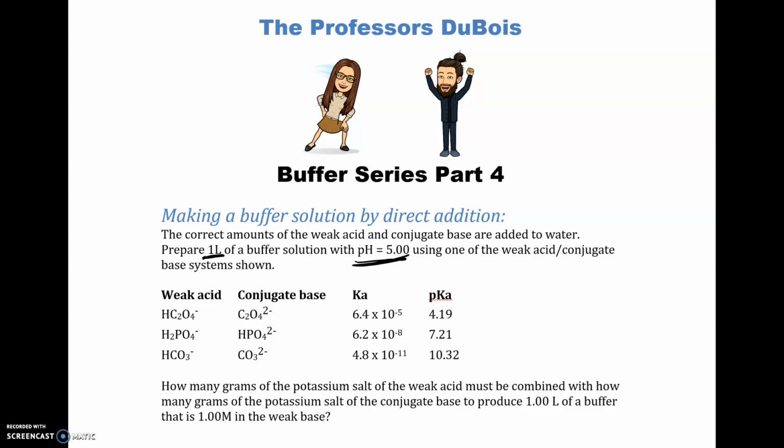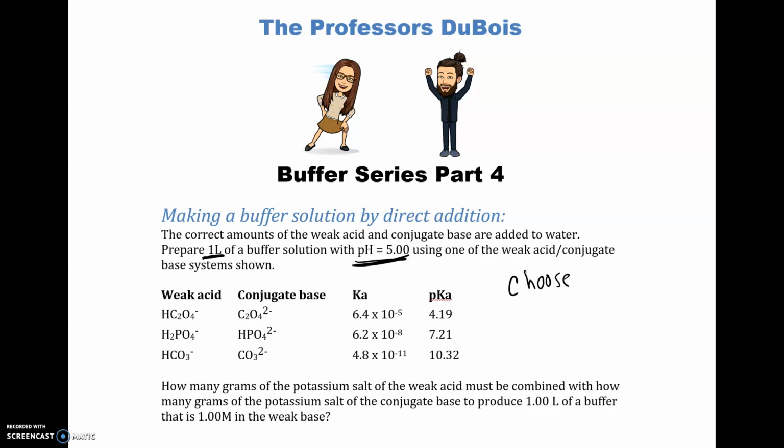So we have a specified pH that we want to prepare, and today we need to prepare 1 liter of a buffer with pH 5. Now we haven't talked about how to choose the correct system for a specific pH. So do you want to talk about that? Yeah, so what you want to do is choose a system that has a pKa as close to your desired pH, in this case 5, as possible.